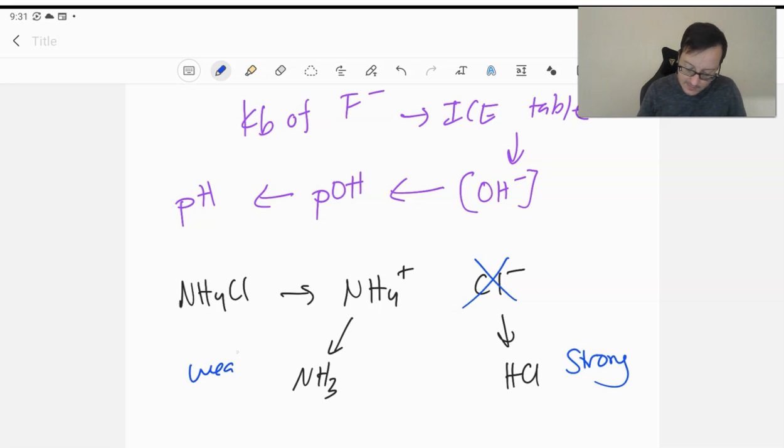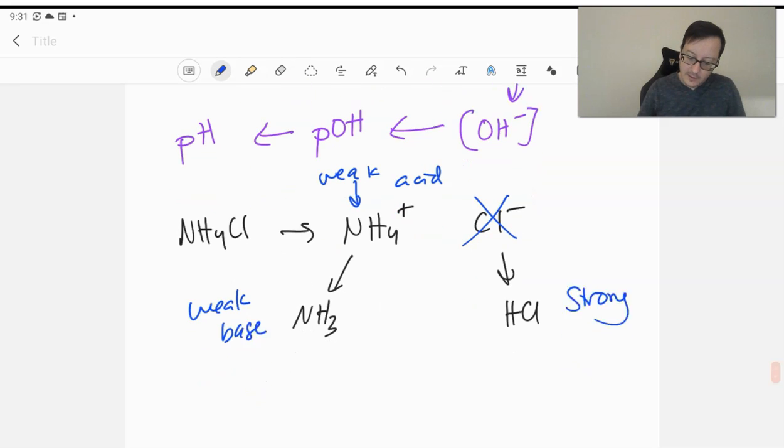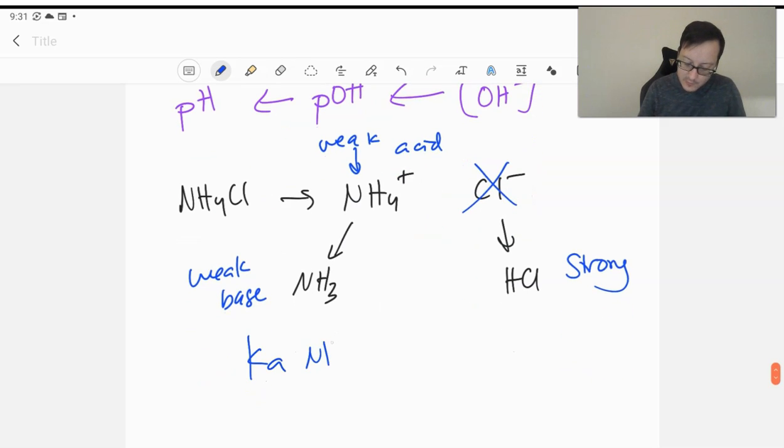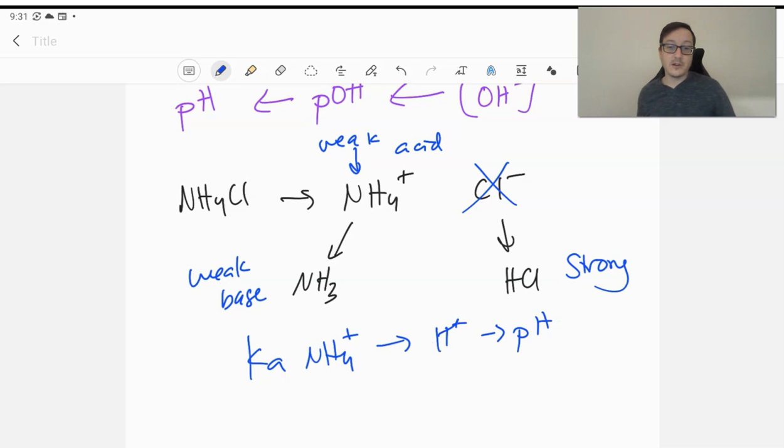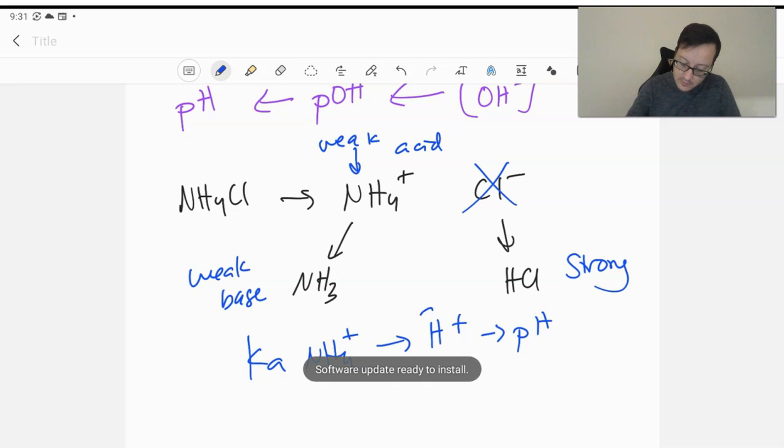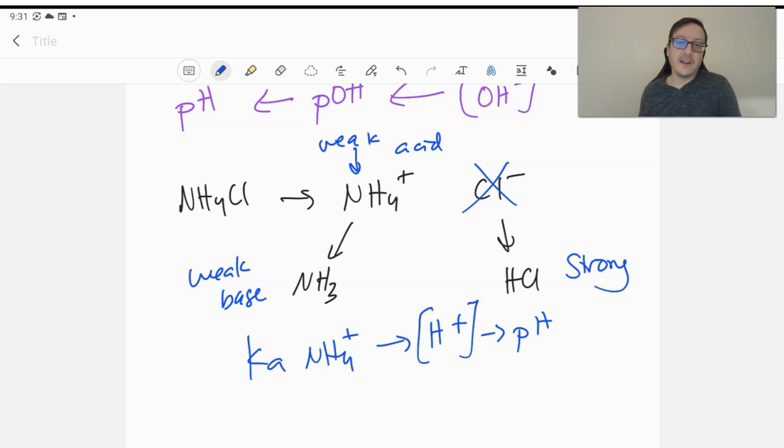Ammonia is a weak base, which means that ammonium is a weak acid. So we need to use the Ka of NH4 plus to find the H plus to find the pH. We would need to do an ICE table and all that fun stuff to find our concentration of H plus, and then we can find the pH.